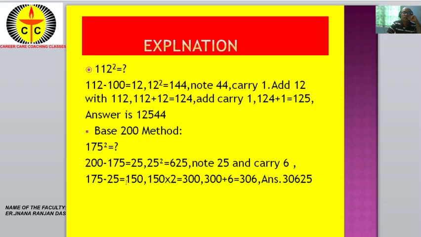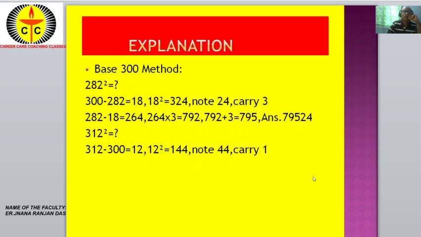This becomes 150. Then as it is a 200 base method, we multiply this 150 with 2, that is 300, and then you add carry 6, that is 306. Then the square of 175 is 30,625.